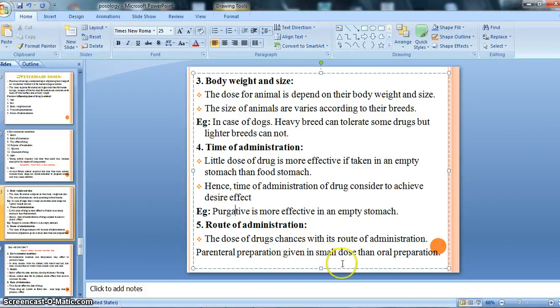We know that the parenteral dose is smaller than the oral dose. If we take a 500 mg oral dose, then for a similar drug given by the parenteral route, we use a small dose.